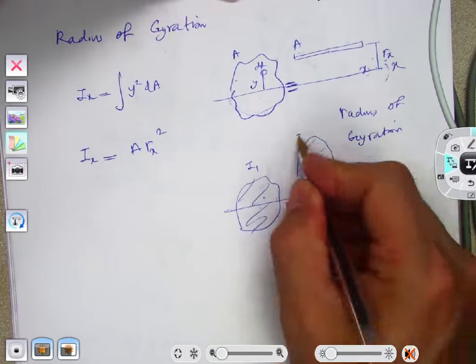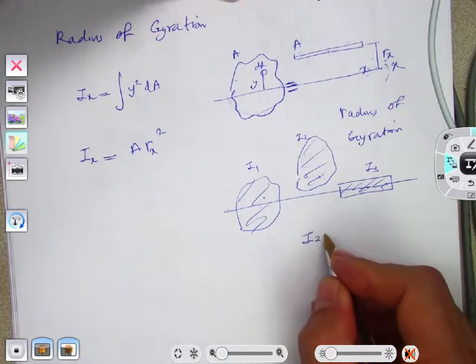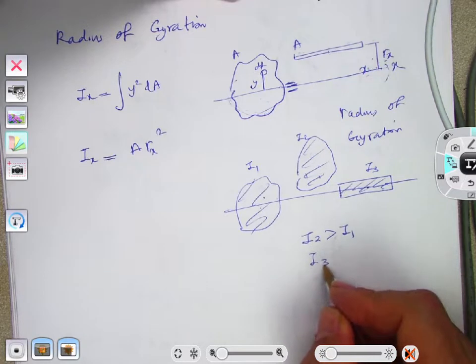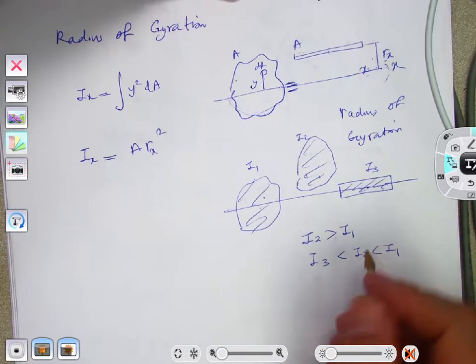So if this is I1, I2, I3, then I2 is going to be greater than I1, and I3 is going to be smaller than both.